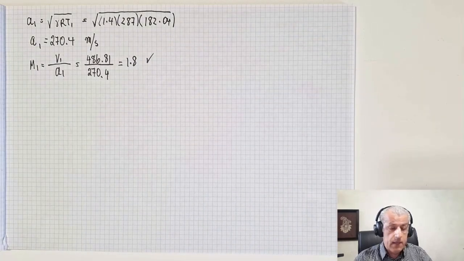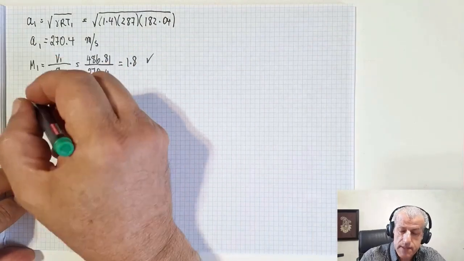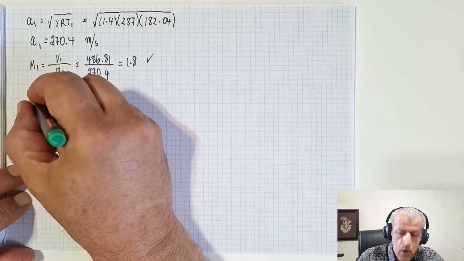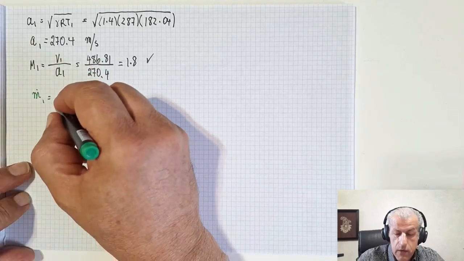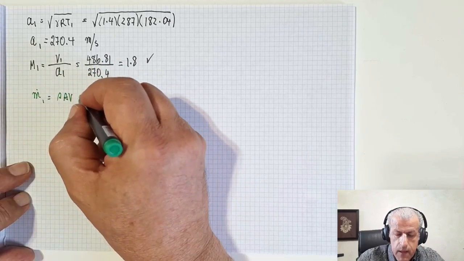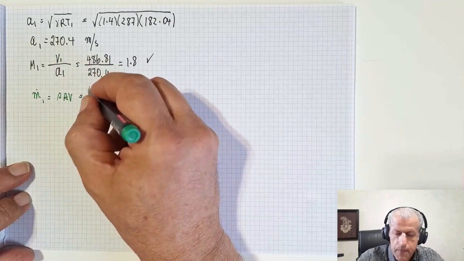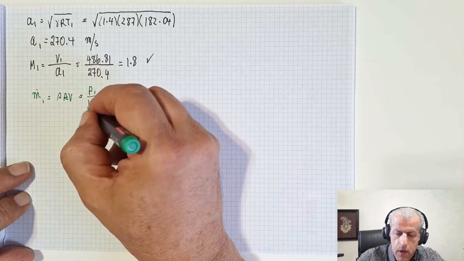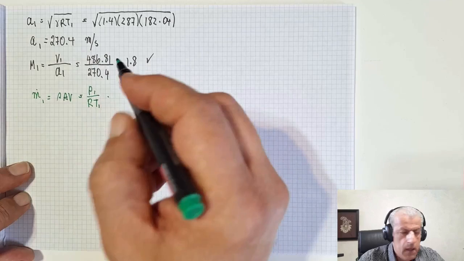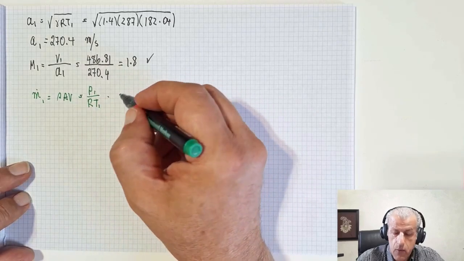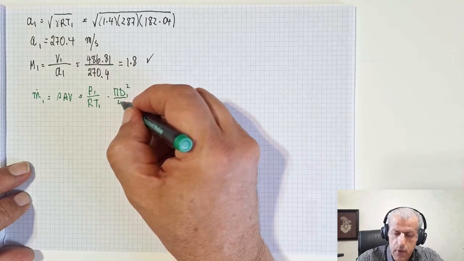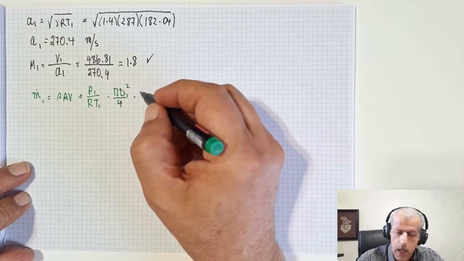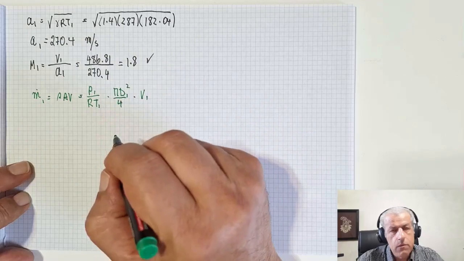M dot at point 1 equals rho A V, and that is P1 over R T1 times A1, which is pi D1 squared over 4, and times V1.